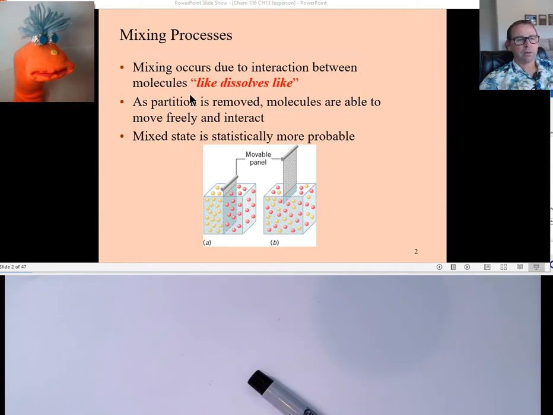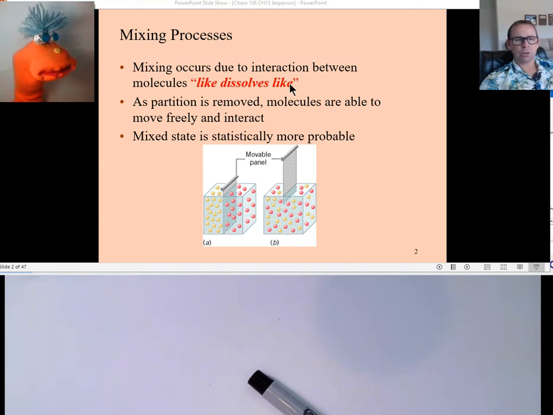All right? Here's a little bit of a review about this phrase, like dissolves like. Do you remember what that means? That means if you have one compound that has dipole-dipole interactions and another compound that has dipole-dipole interactions, the two of them would be able to mix together well.